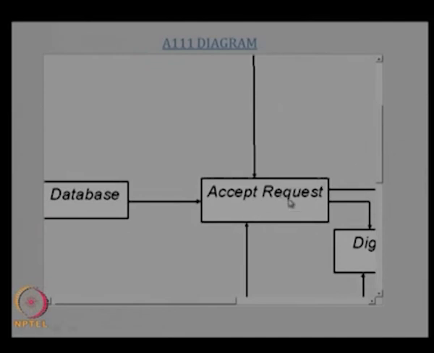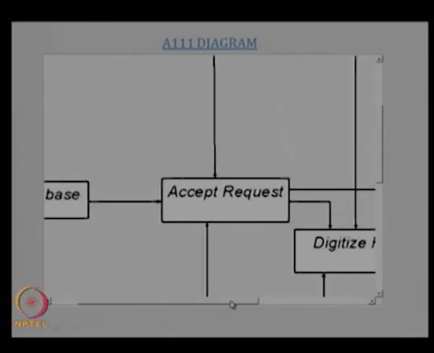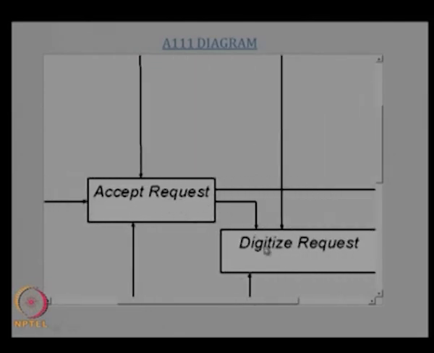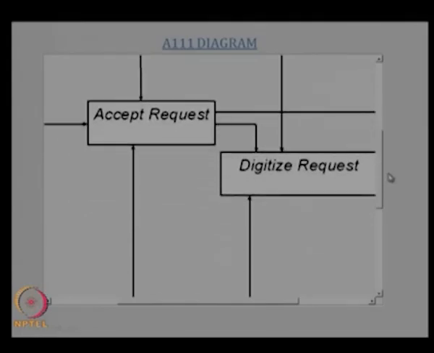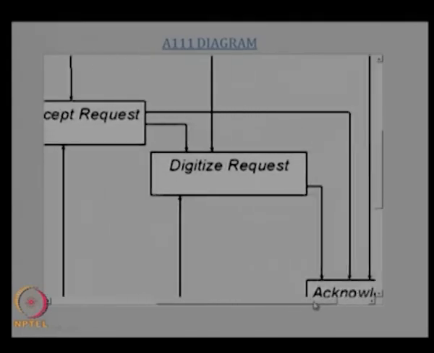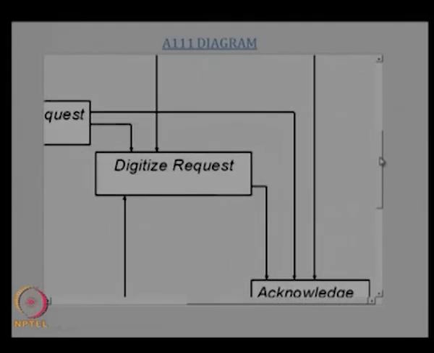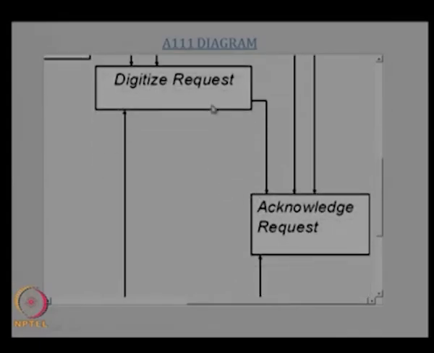So, this is the accept request, the first function, then digitize request is the next function, and then once you have the digitization of the request, it will be passed to the next function. This is basically acknowledge request.